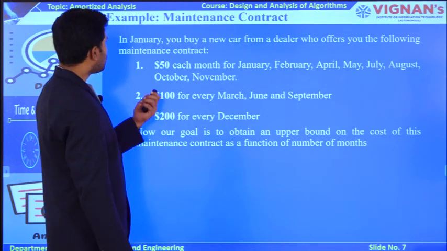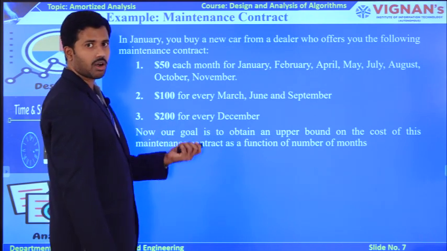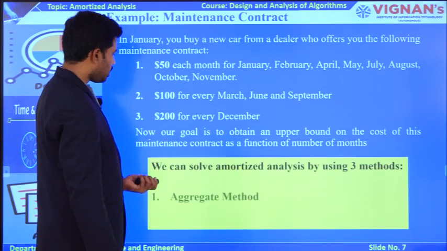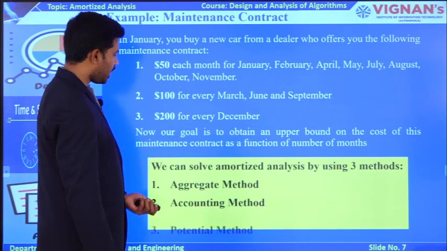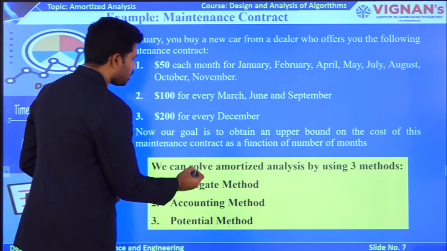Now, try to apply this maintenance contract to amortized analysis using these three methods: aggregate method, accounting method, as well as potential method.